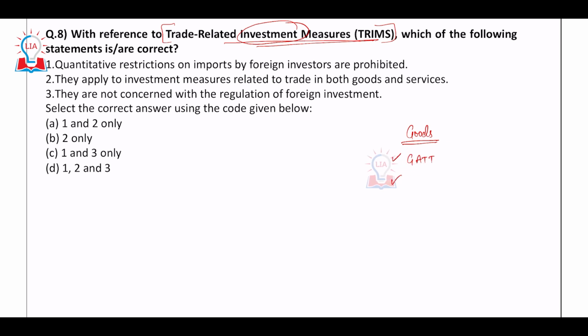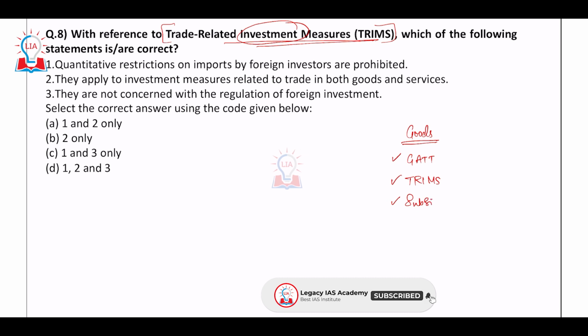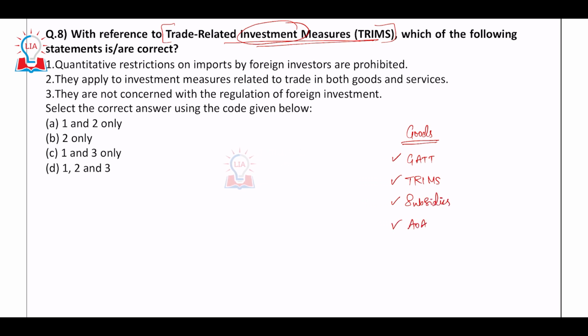The other agreement is related to TRIMS, the one on which the question is given. The other ones are related to subsidies: Agreement on Subsidies, Agreement on Agriculture, Agreement on Countervailing Duties. So you have so many agreements on goods itself, and one of them is TRIMS.